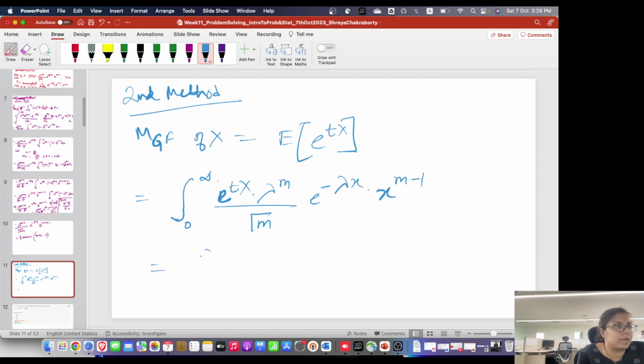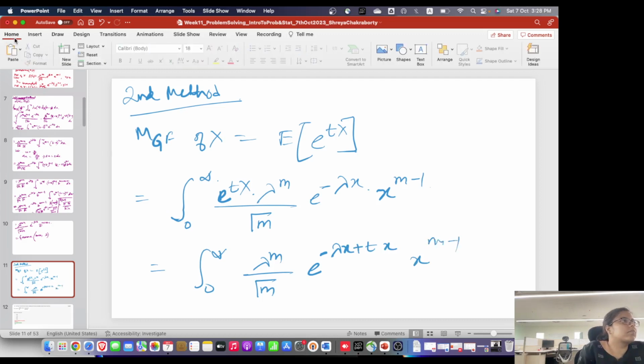So this one would be 0 to infinity lambda to the power m by gamma m, e to the power minus lambda x plus tx, x to the power m minus 1.